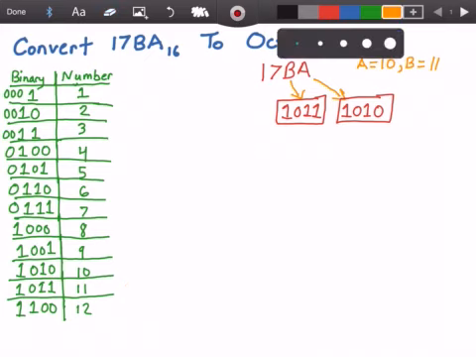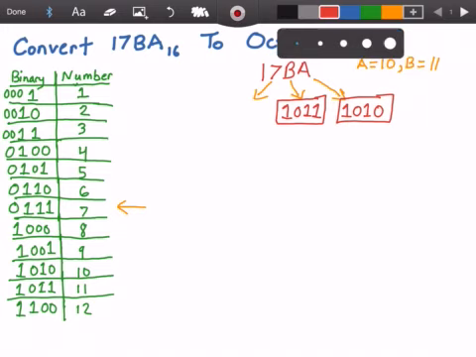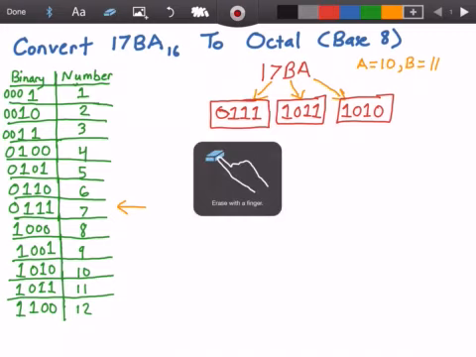Next, we're going to convert the number 7 into binary. We go to our chart where we see the number 7, and the binary representation of the number 7 is 0111. Now I'm going to get rid of this arrow here.